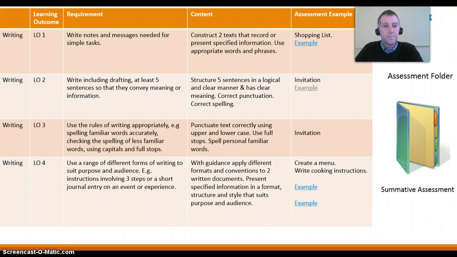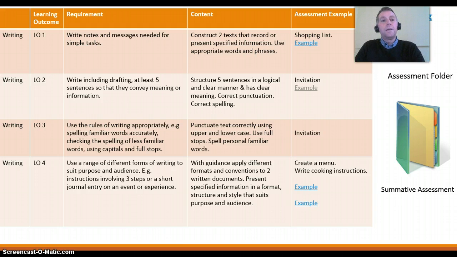Learning outcome 3, use the rules of writing appropriately, for example, spelling familiar words accurately, checking the spelling of less familiar words, and using capitals and full stops. Learning outcome 4, use a range of different forms of writing to suit purpose and audience, for example, instructions involving 3 steps or a short journal entry on an event or experience.